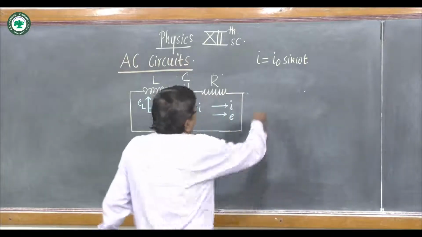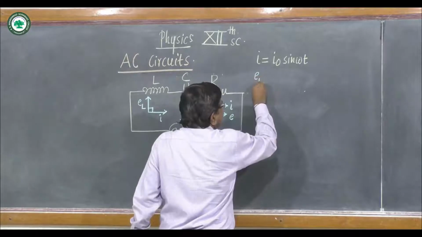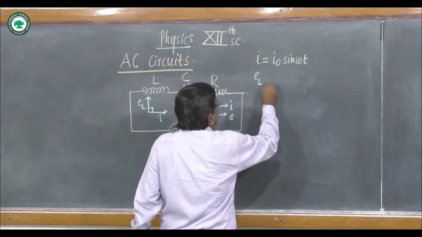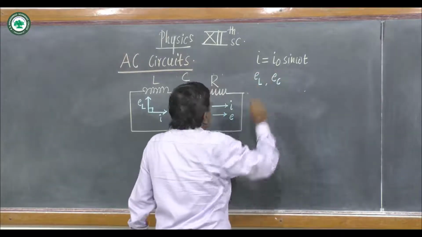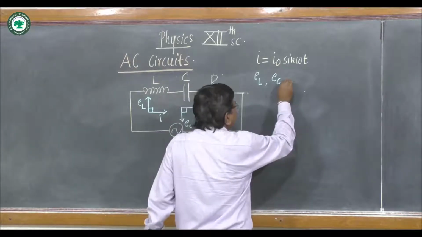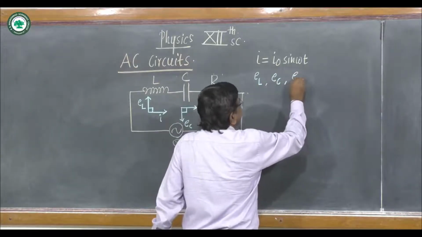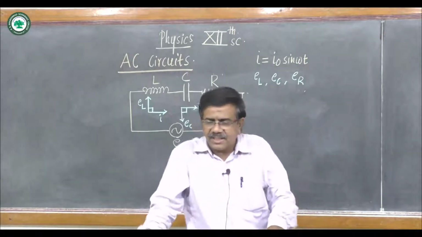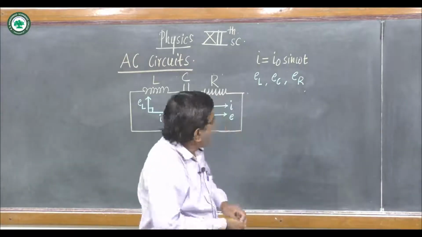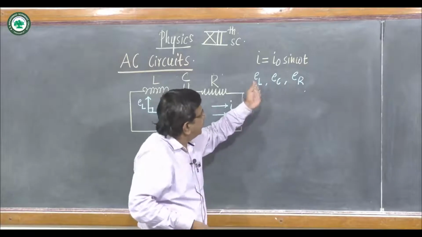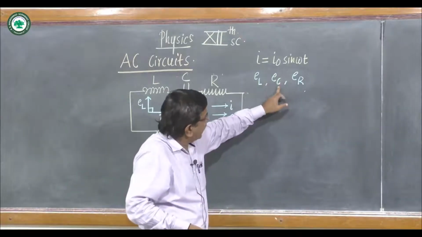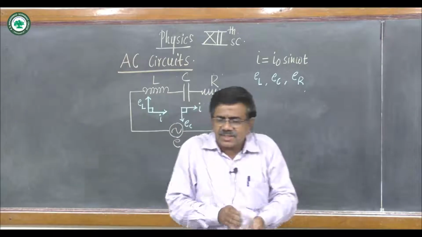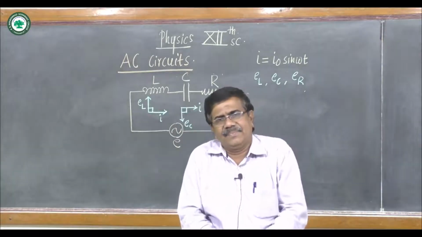Suppose EL is the EMF across the inductor, EC is EMF across the capacitor, or we say voltage across the capacitor, and ER is the EMF, or voltage across the resistor. We call these RMS voltages, EL across inductor, across capacitor and across resistor.